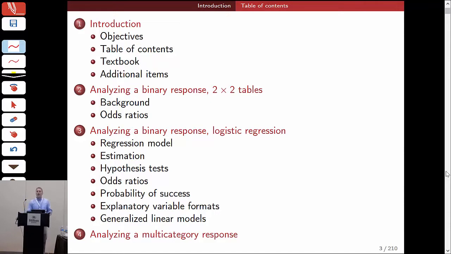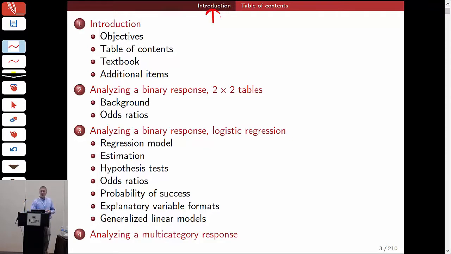Okay, so on slide 3 here, we have the beginning of our table of contents. I'm not going to go through that here. Rather, this is a reference for you to use here today if you want to see where we are going in this course, and also after today when you may want to review these handouts. But I do want to mention one organizational structure of these handouts.